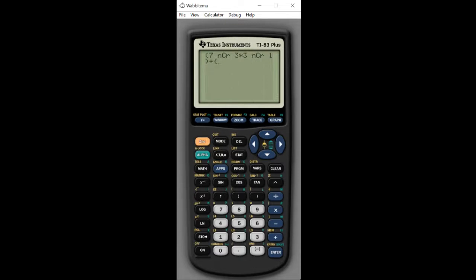Let me go ahead and put some parentheses again. Now I'm going to have 7 choose 4, so 7 math, PRB, choose 4 times 3 math, PRB, choose 0, and then all of that is being divided by 10 choose 4.